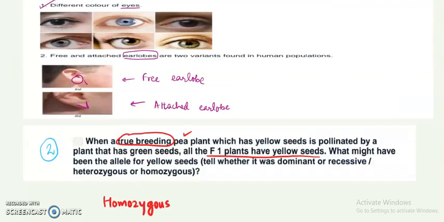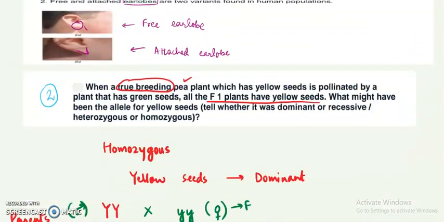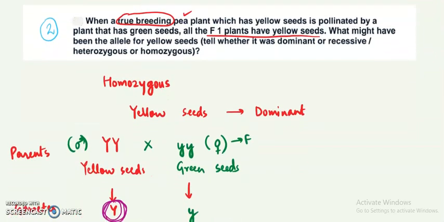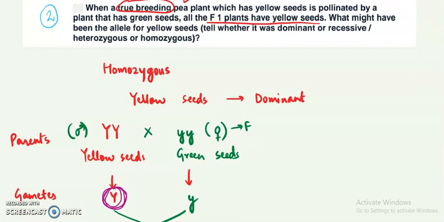So what is the question asking us? The question is asking what might have been the allele for yellow seeds, dominant or recessive. We will write here that yellow seeds mark the presence of dominant allele, because this is the dominant trait studied by Mendel in the pea plant.